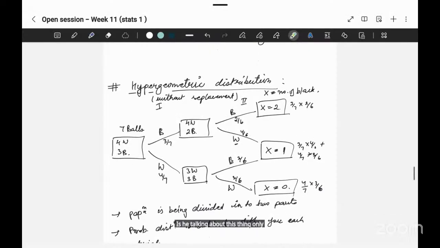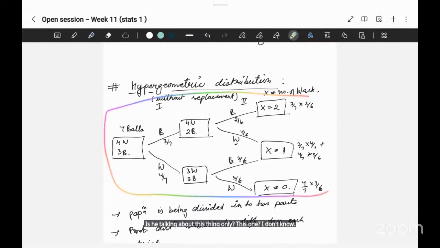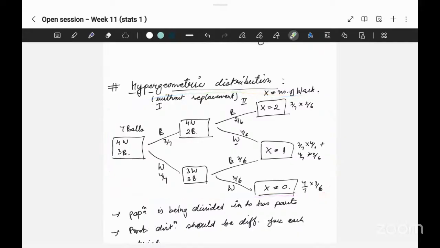Is he talking about this thing only? Is this the one that he is talking about? She wants to take notes actually. You can just take the screenshot if you want. Yes, taken.